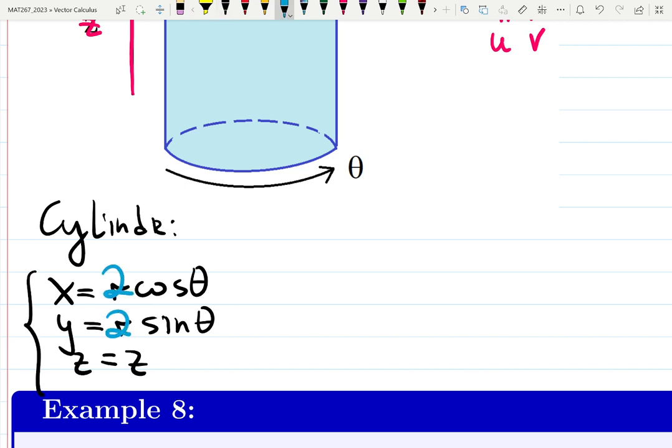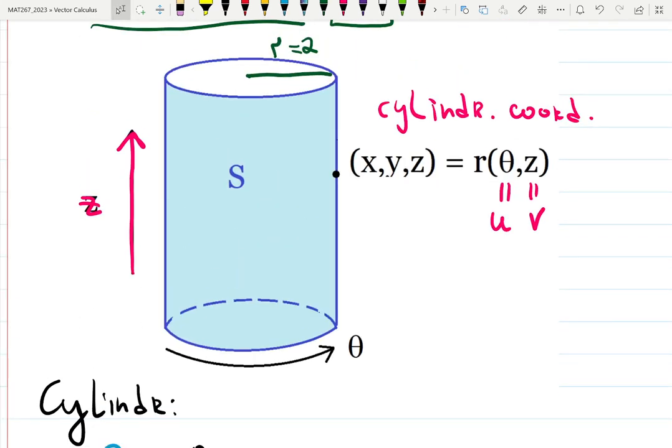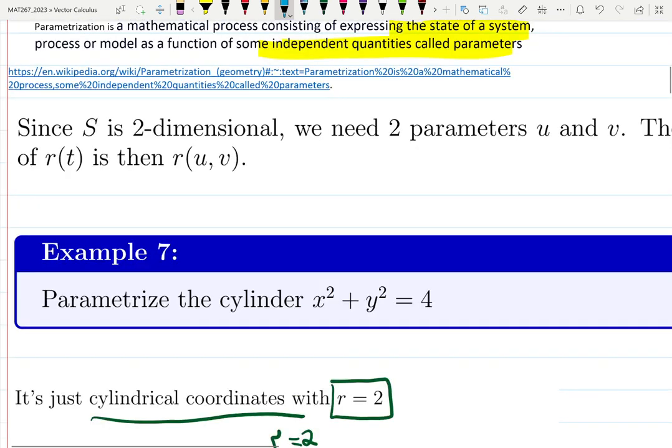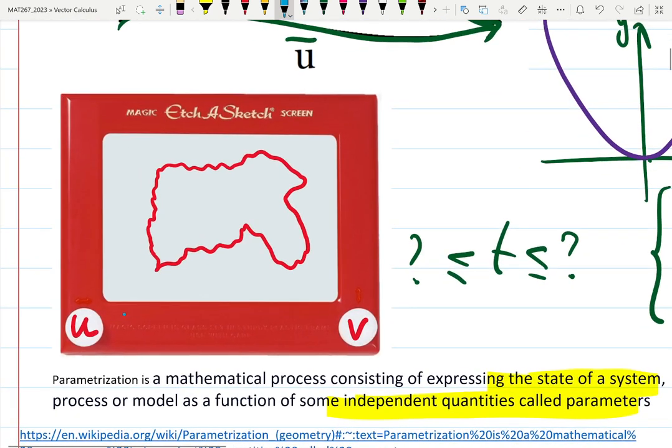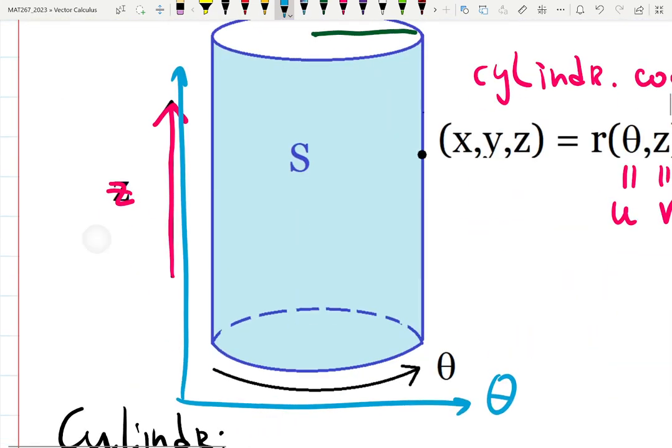It's 2. So we have two variables that keep describing the cylinder. Again, you use those two variables. This is my theta and this is my z, like those two handles over here. Theta, z. And when you move both, the shape of the cylinder is being created.